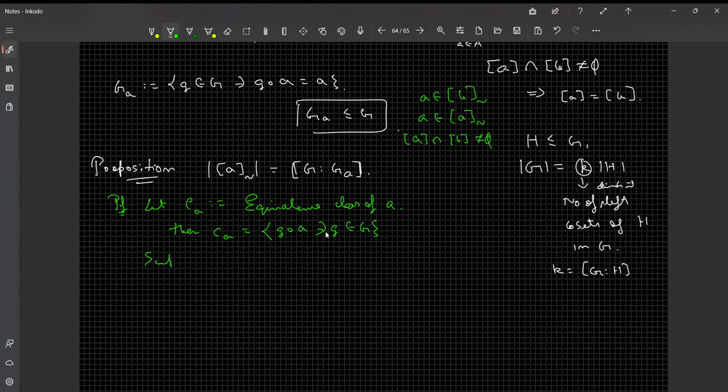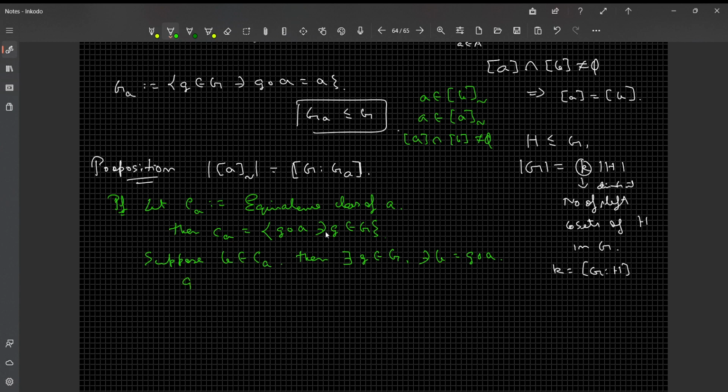Now suppose B is an element from CA. Then obviously there exists some g in G such that B can be written as gA, right?